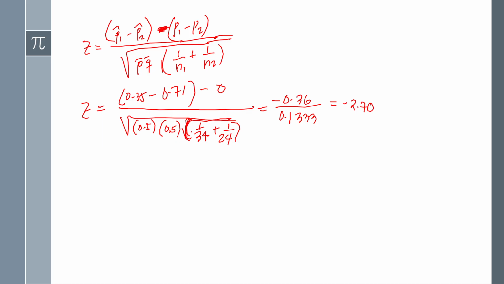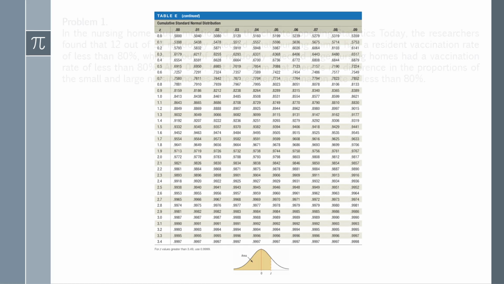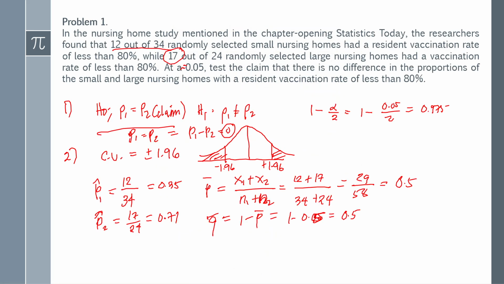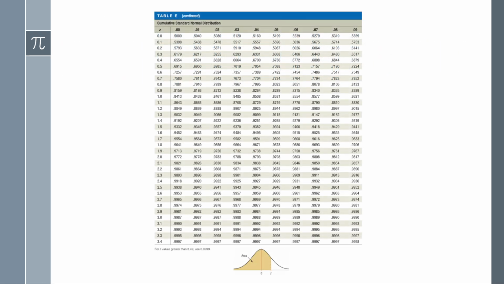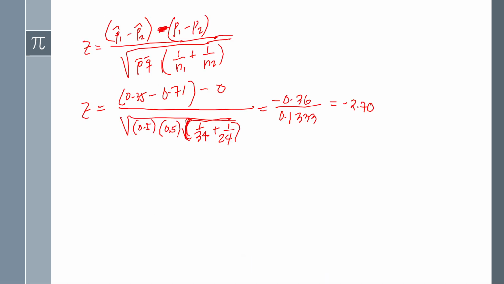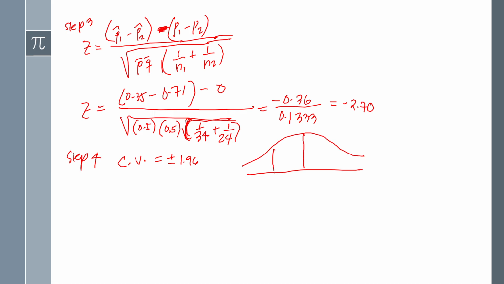So we are done with step number 3. And step number 4, we have to make the decision. Since our critical value is positive and negative 1.96, if we're going to graph that one, that is a standard normal distribution curve.